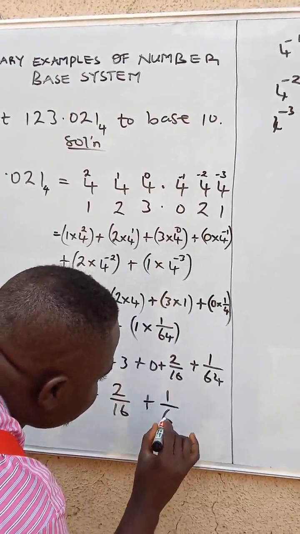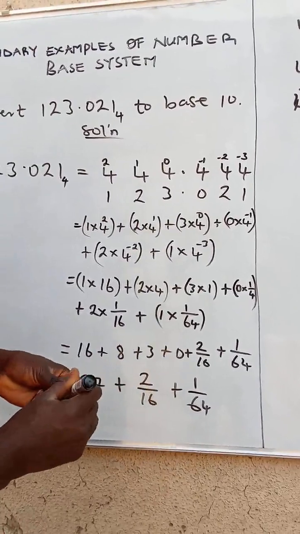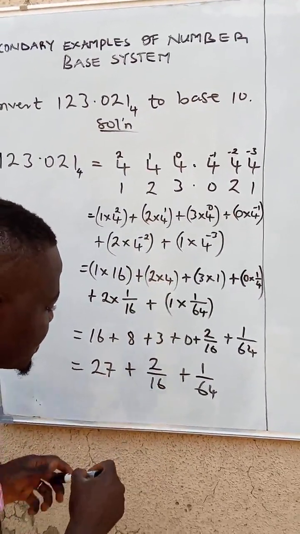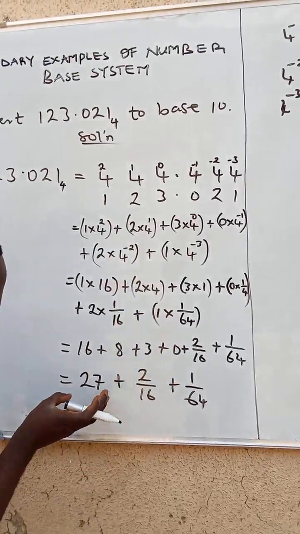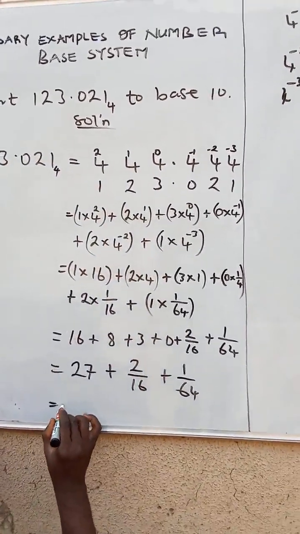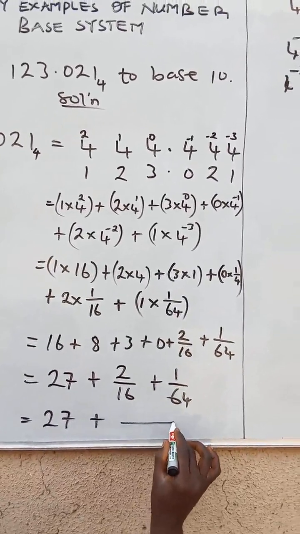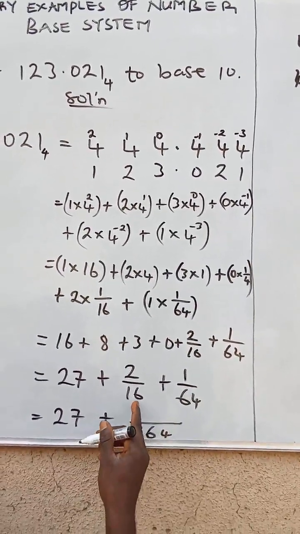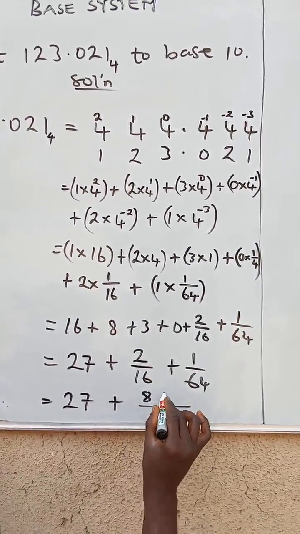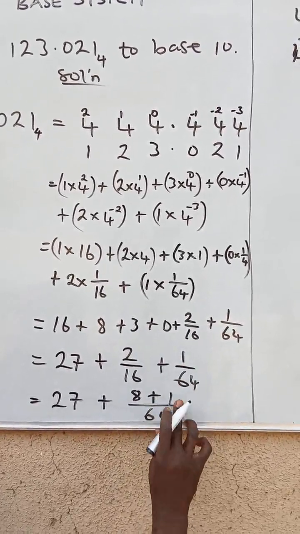Plus 1 over 64. Now remember, the LCM here, you have to take the LCM of the point side. This is the point side. This one is a whole number on its own. We are dealing with these two. So this is the same thing as saying that what? 27 plus, the LCM here is 64. 64 divided by 16 is 4. 4 times 2 is 8. 64 divided by 64 is 1. 1 times 1 is 1.